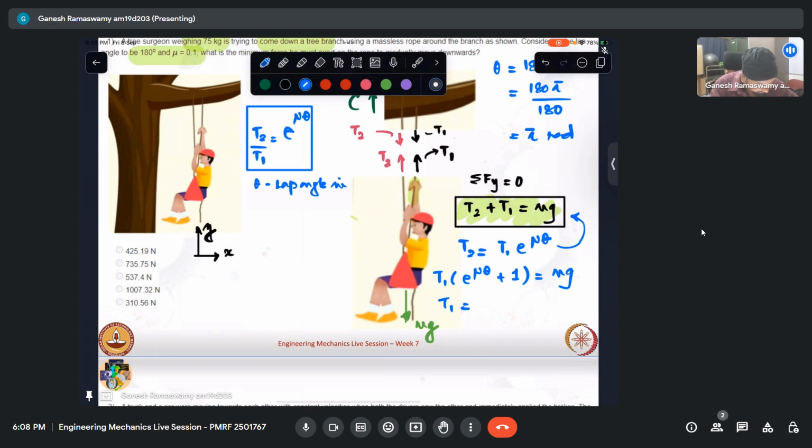So T1 is nothing but mg by 1 plus e power pi into 0.1.